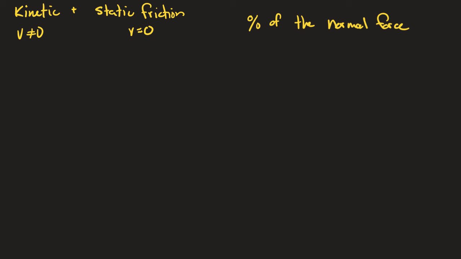In fact, we define how much friction there is by how sticky the surfaces are. And that stickiness is quite simply the ratio of the frictional force to the normal force. This produces a unitless percentage. We call this percentage the coefficient of friction.